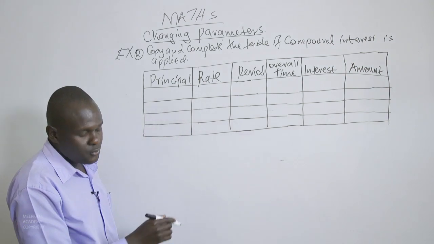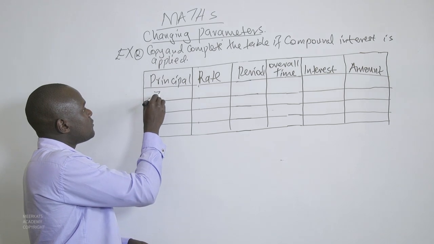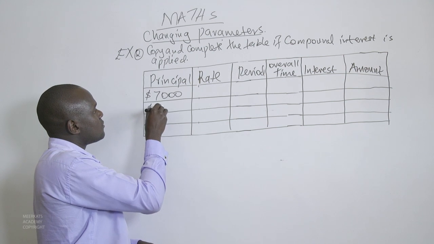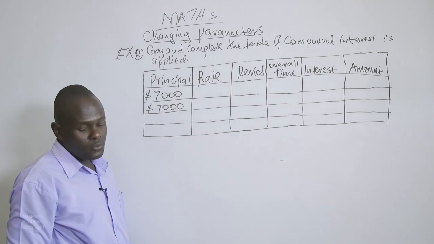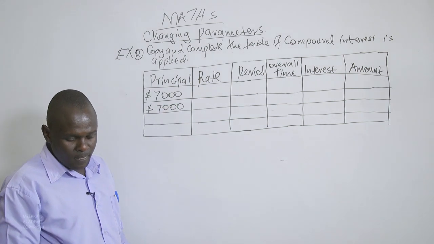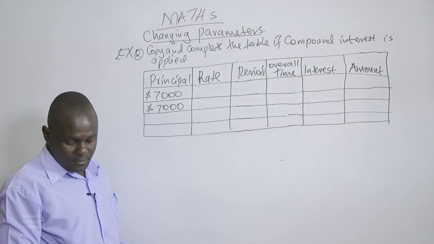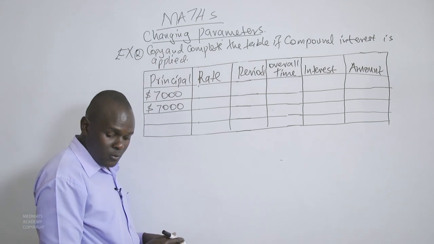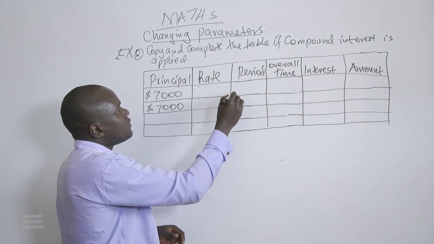In the first two rows, we have the principal being $7,000. So in the two, we are going to compare using a principal of $7,000. We will be looking at the rates when the period is annually.